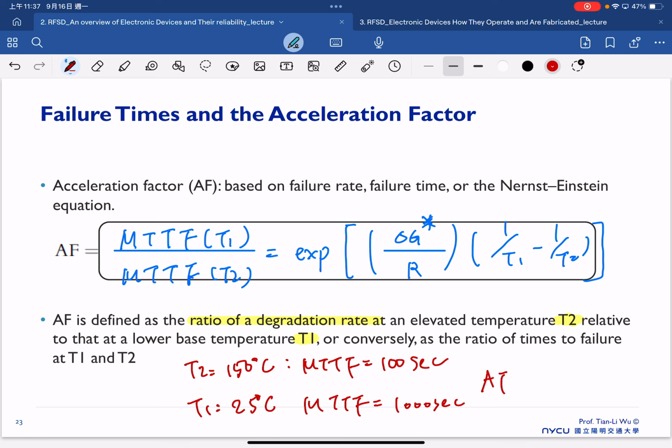So our acceleration factor can be calculated as 1000 over 100, which is equal to 10. In general, the calculation is very simple, not a big deal, but the most important thing is to understand the meaning of these different terms, because we will use these terms again.